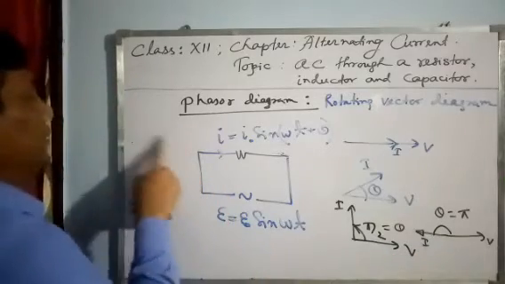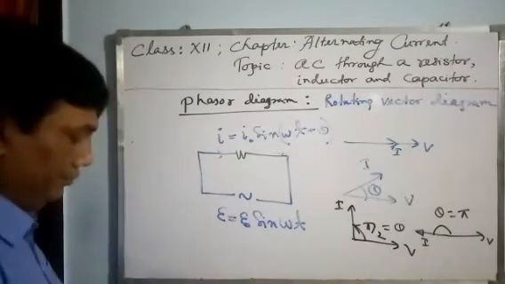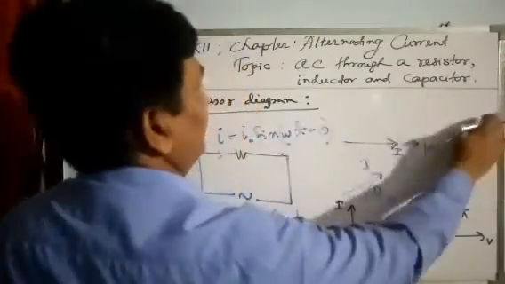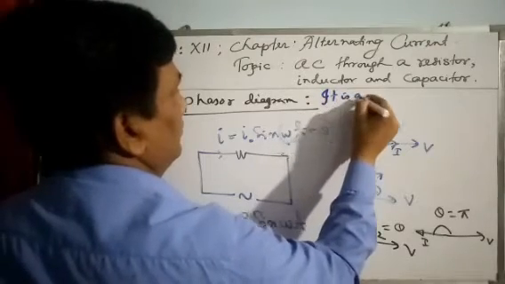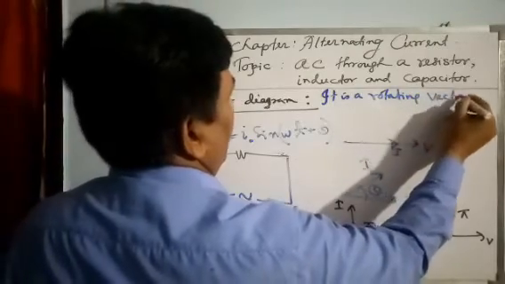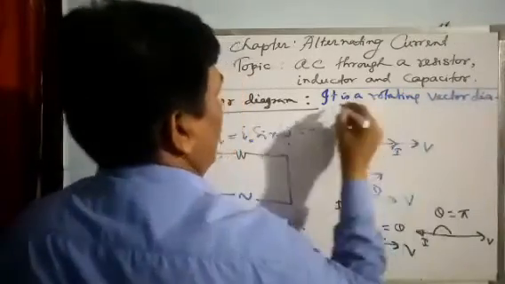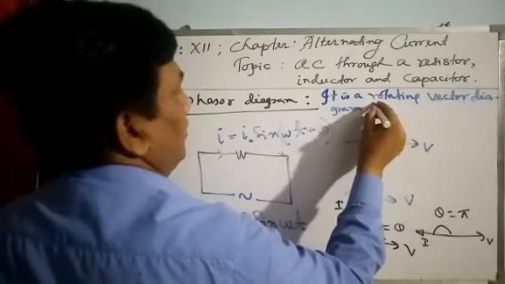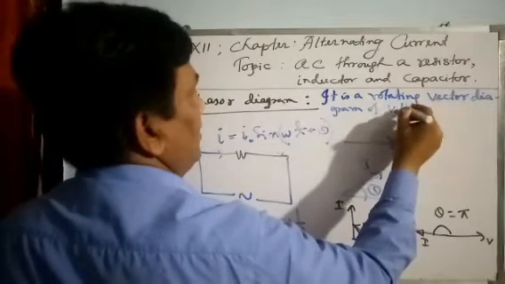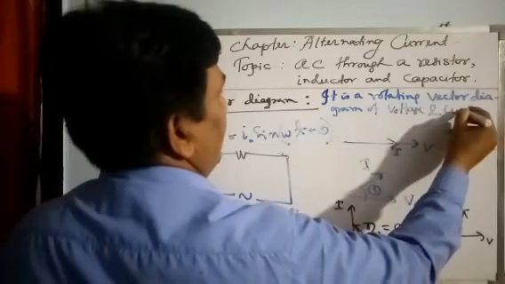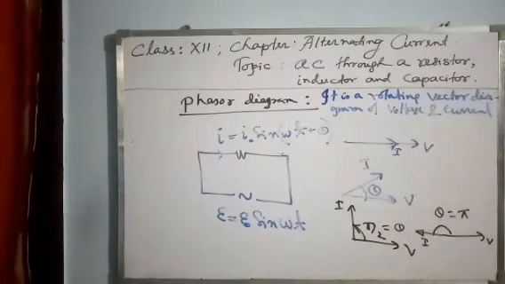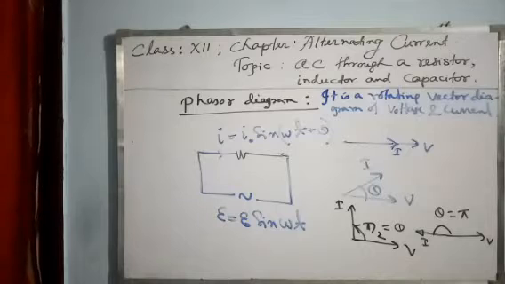Please note it down: a rotating vector diagram of voltage and current.